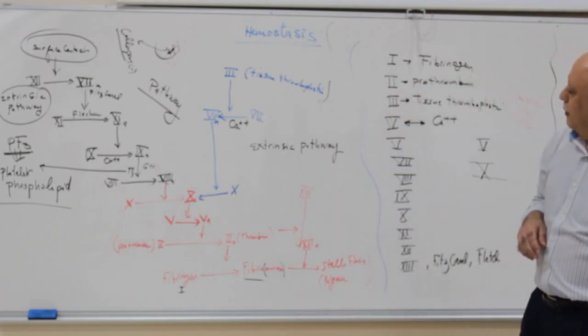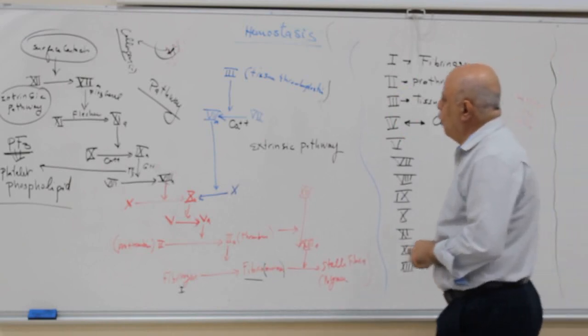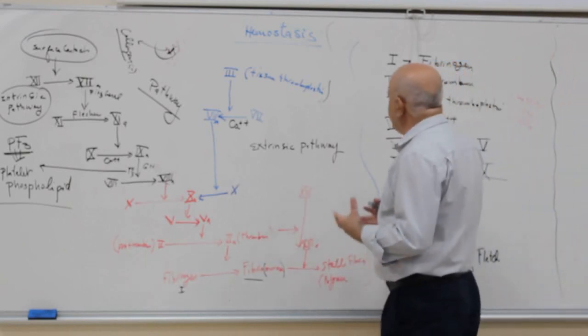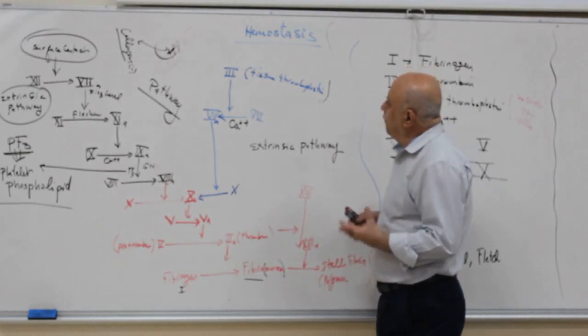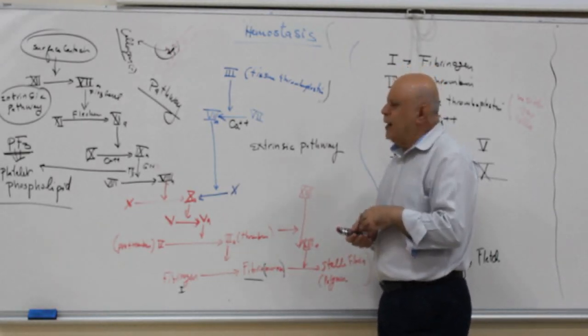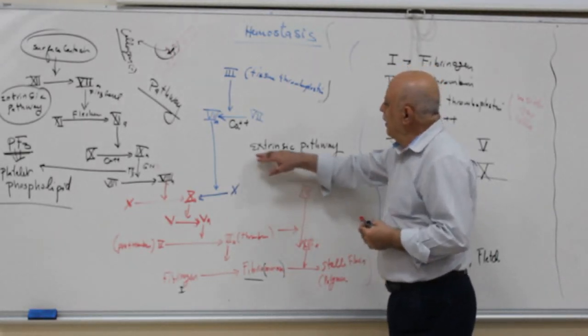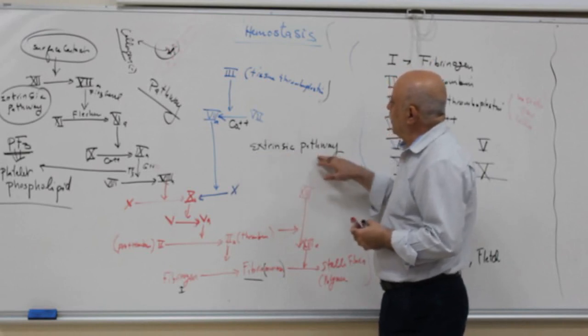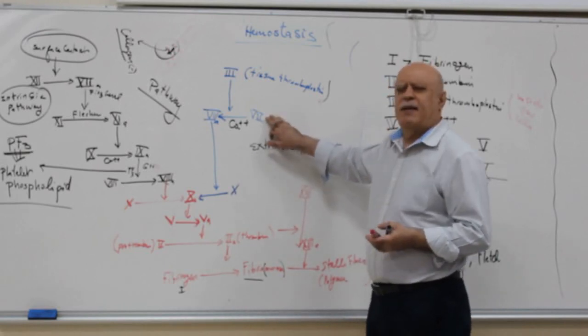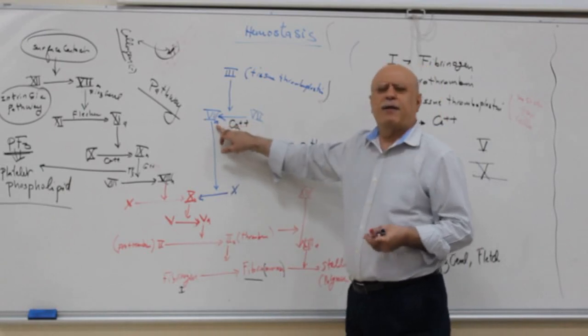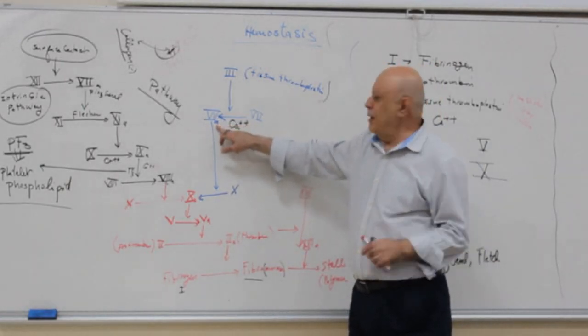Look carefully here. What do we need in order for the plasma to clot through the extrinsic pathway? We don't need factor 7; where do we find factor 7? In the plasma.